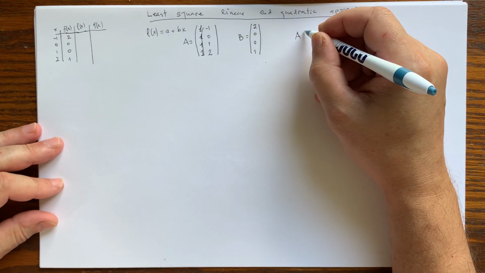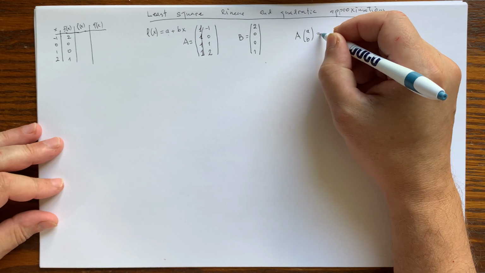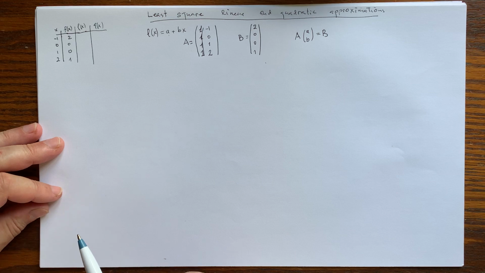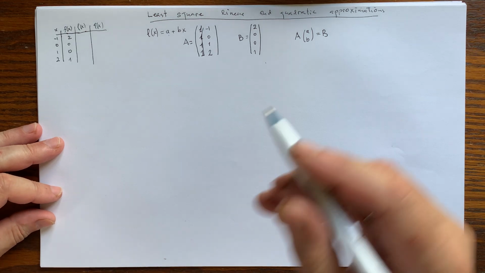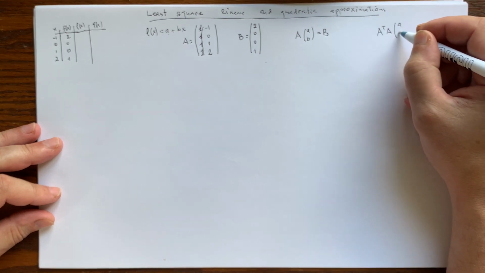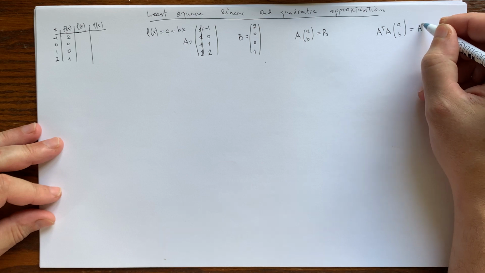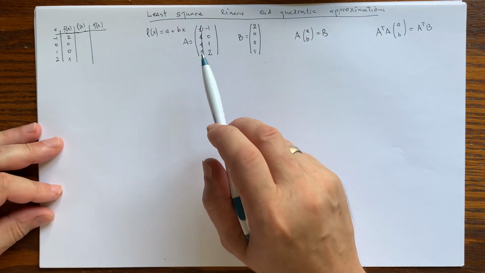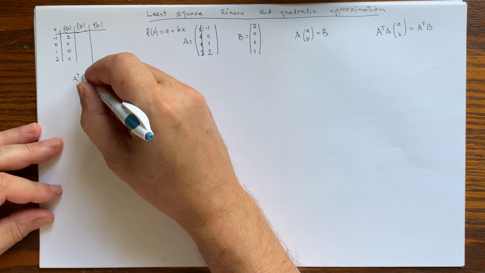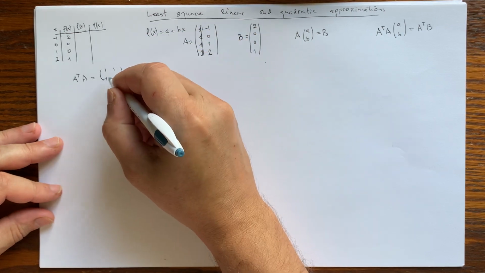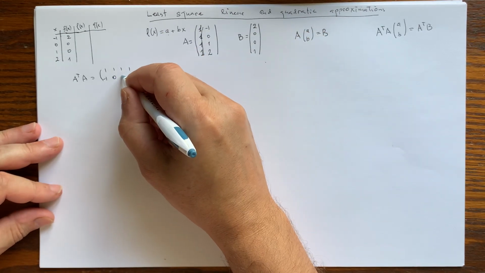A times a vector of unknowns matching with B, and it is unsolvable on the nose, but we replace it by a least square system, which will have that matrix for the bulk and that column for the right hand side. So let's compute the matrix for the bulk and the matrix for the right hand side. So here's A. A transpose times A will be the product of 1, 1, 1, 1, negative 1, 0, 1, 2.